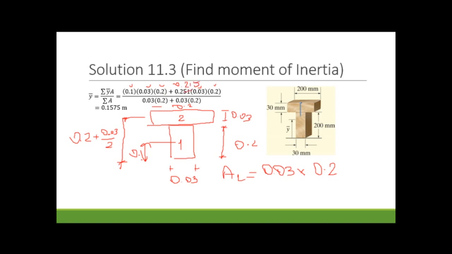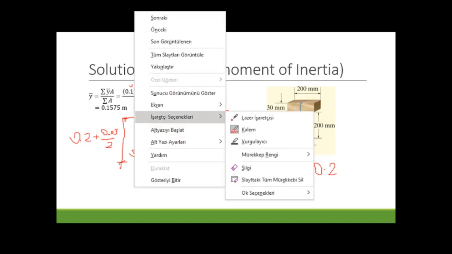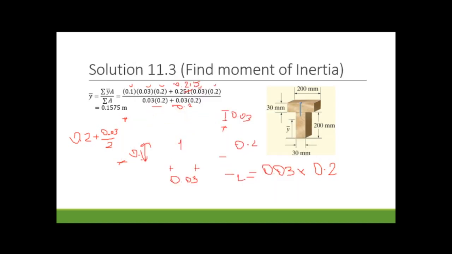Not this one, this is miswritten, I think. After that we obtain these values. Okay, I want to add a small help to obtain the y prime value.